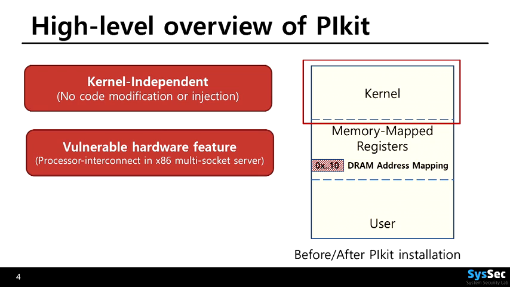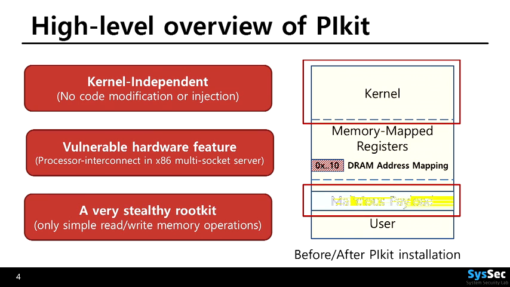That means no code modification or injection into the kernel is required. And malicious payloads for PIkit can be made of only simple read-write memory operations. That means there is no need to invoke system calls, so it is very difficult to detect by using existing solutions.